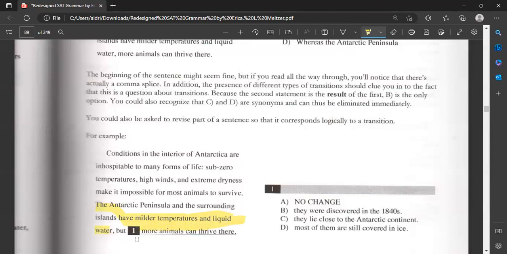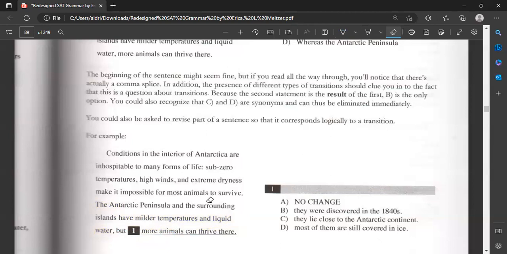That's contradicting. It doesn't make sense to say "but more animals can thrive there" if it's got better conditions. That's definitely why more animals can thrive there, right? So it should be "so many animals can thrive there." Then that would be correct, because more animals thriving there is a result of the better conditions.